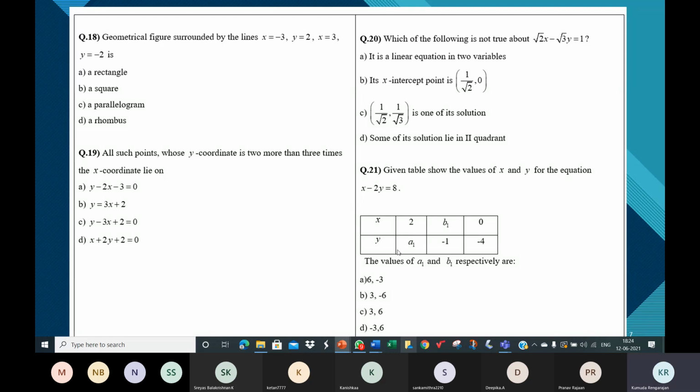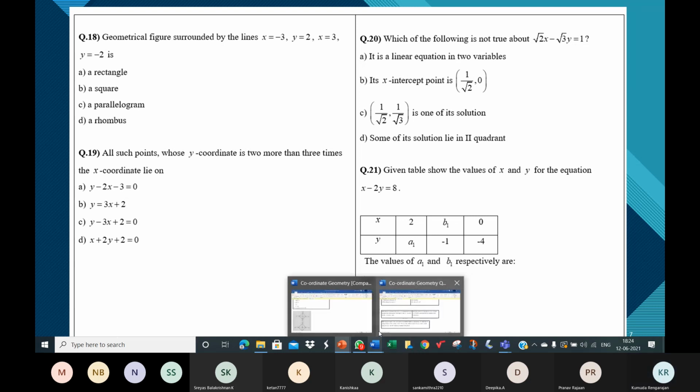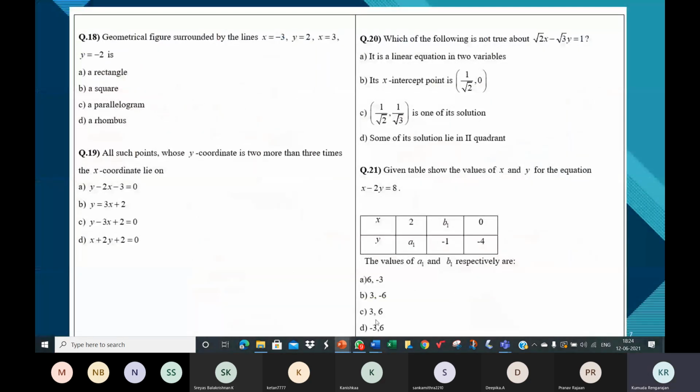And when Y is minus 1, the value of X, which is given as B1, is 6. These are A1 and B1 values.